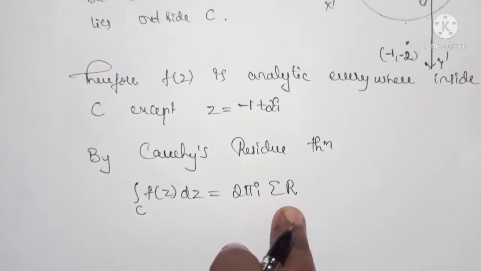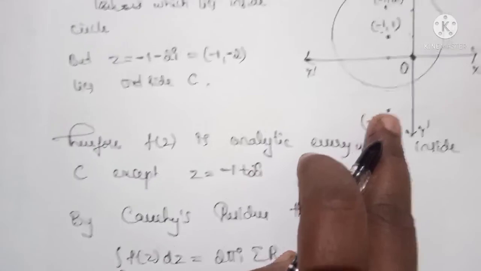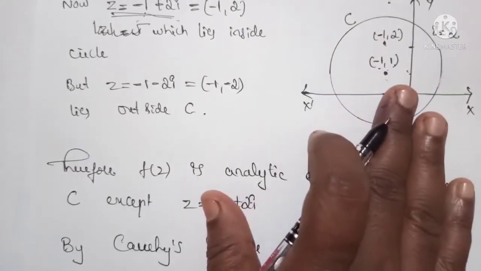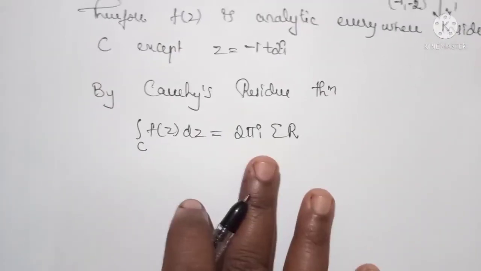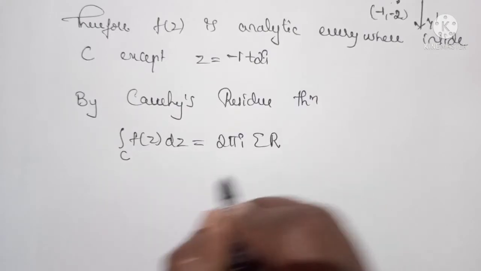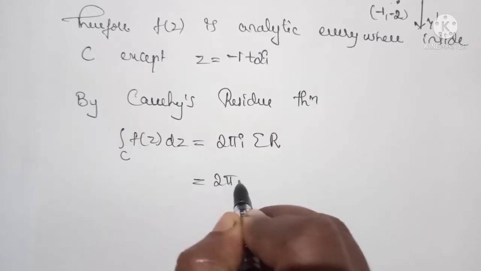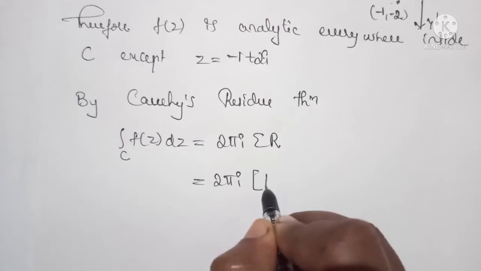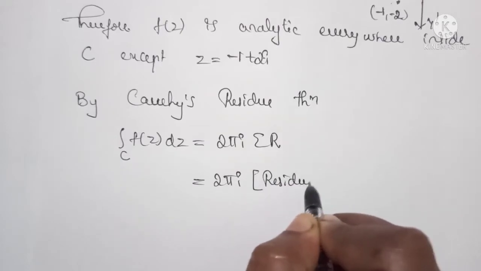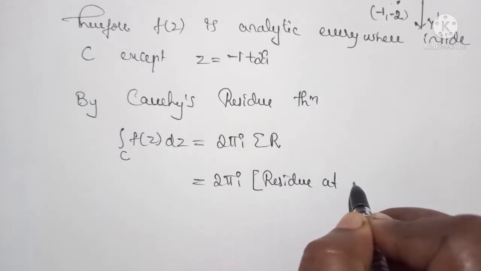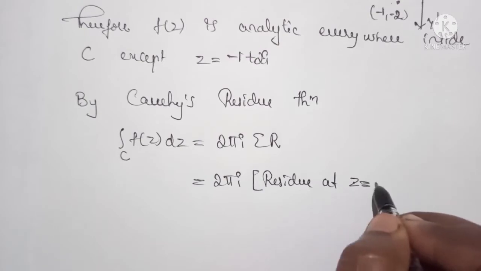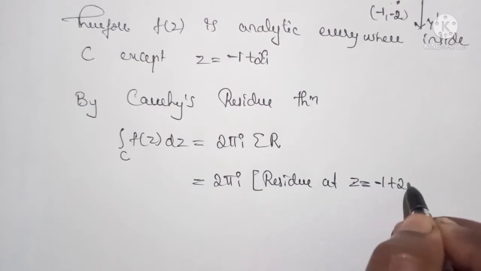But here we have the residue at only this point, because the other point lies outside this circle. We should take only the inside points. So this equals 2 pi i times the residue at z equals minus 1 plus 2i.